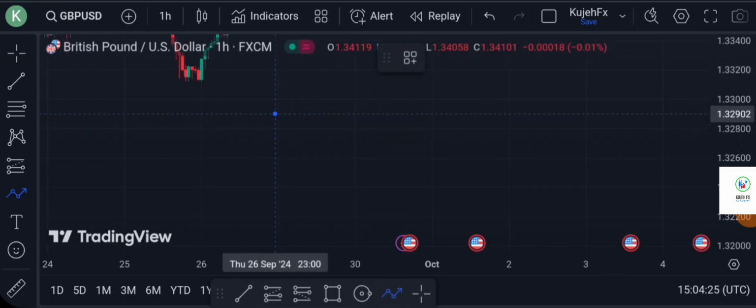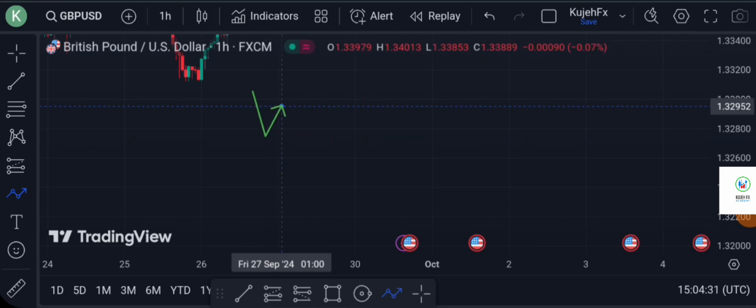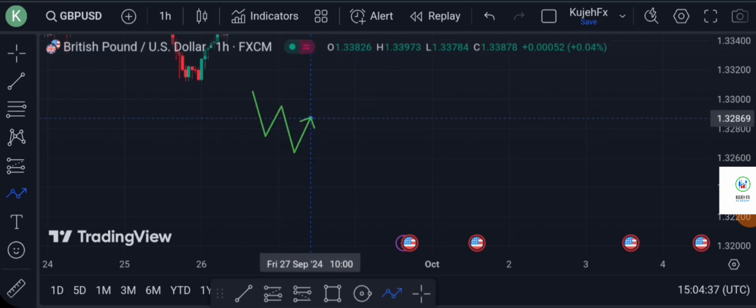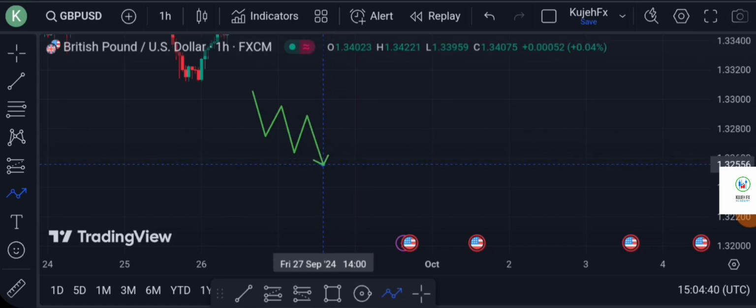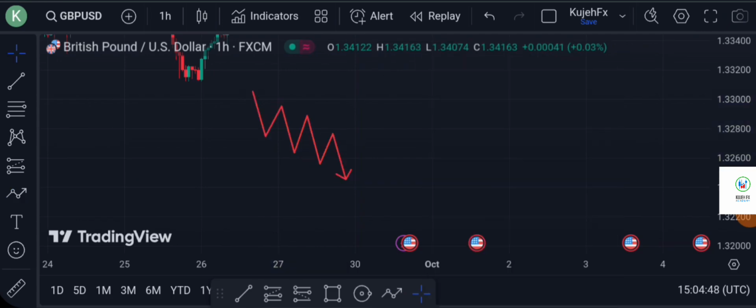The market creates a lower high here, comes down to create a lower low, goes up again, which is called a pullback, and creates a lower high, comes down, creates a new lower low, and so on. This is what we call a bearish market, meaning the market is going downtrend, creating lower highs and lower lows.